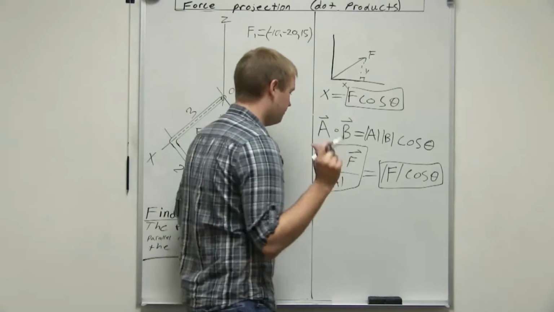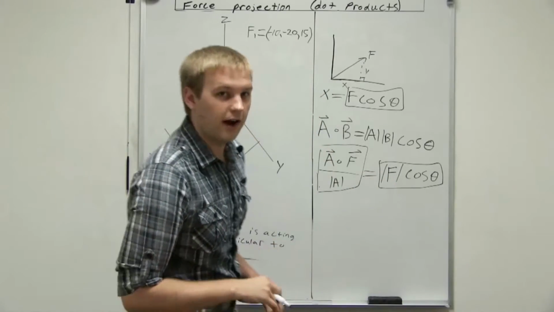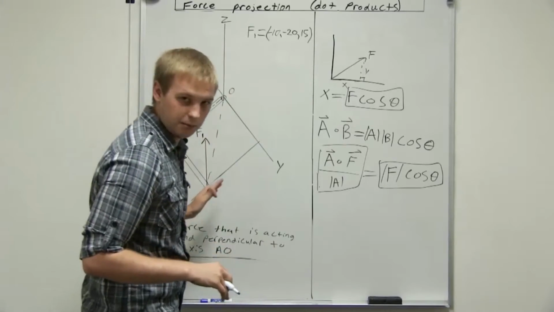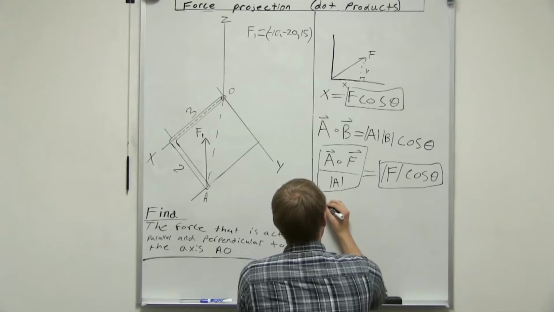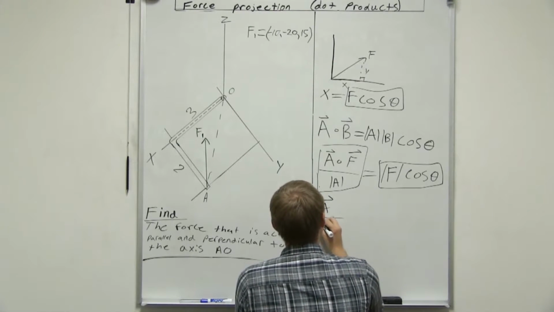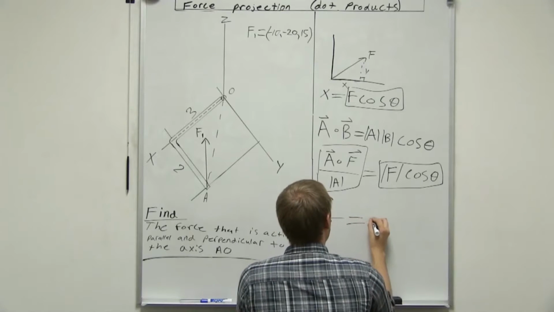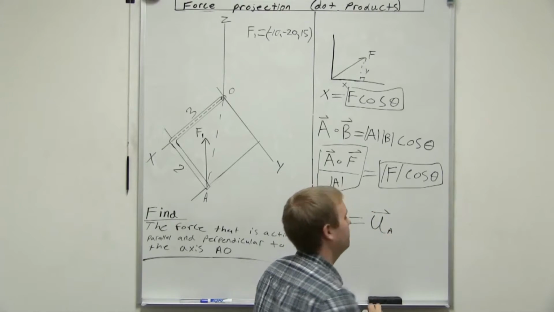You get a unit vector. So we're going to say A stands for our axis right here that we're projecting onto. So we also know that A vector divided by A magnitude equals the unit vector of A.